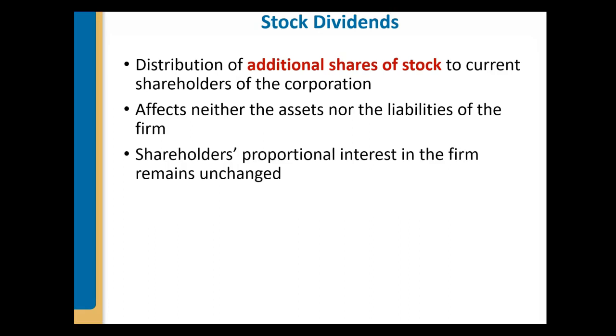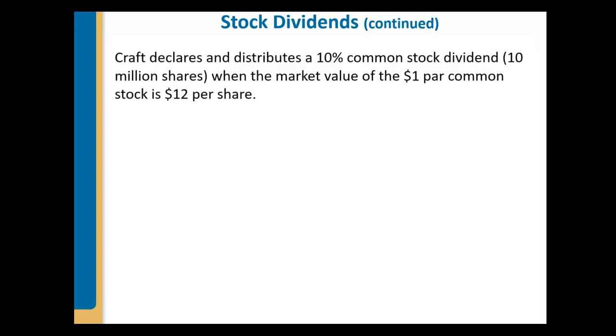The prescribed accounting treatment of a stock dividend requires that shareholders' equity items be reclassified by reducing one or more shareholders' equity accounts and simultaneously increasing one or more paid-in capital accounts. So the amount reclassified depends on the size of the stock dividend.